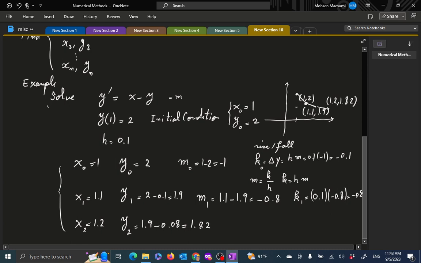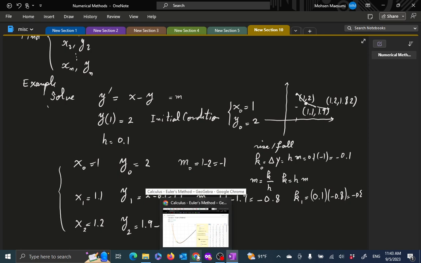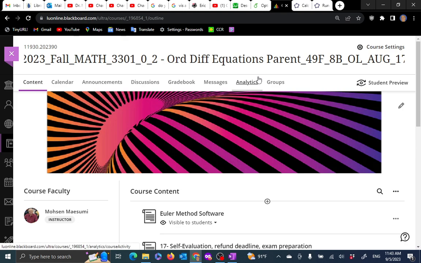Or if you don't want to go after something that has too much overhead, I have a few things you can make use of. Let me open this. First of all, you go to your course page, and then we have Euler method software.